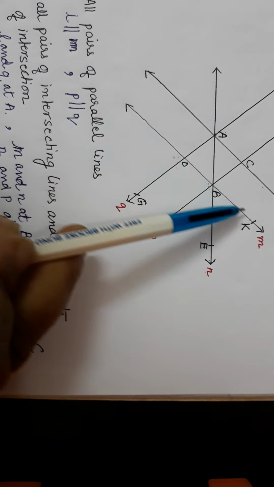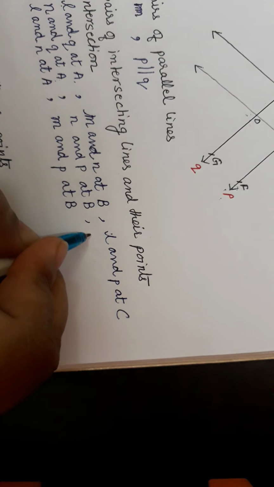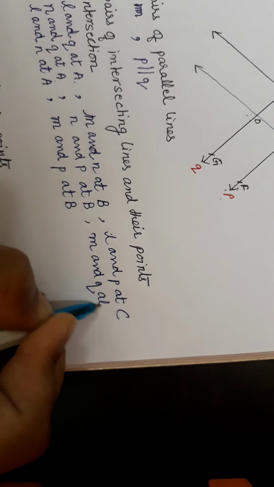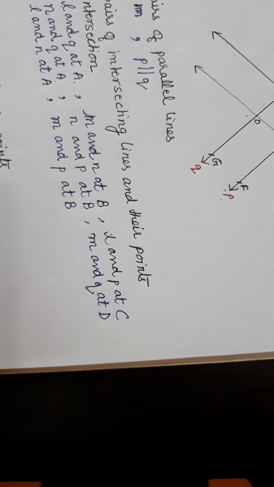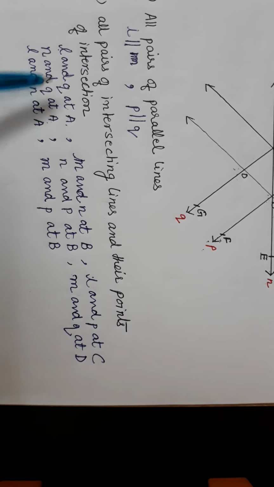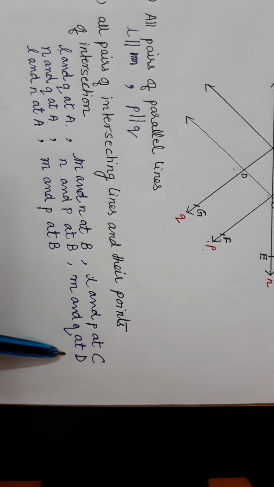This line is line M and this line is line Q. So what do I write here? Line M and Q at point D. So these are the lines which are intersecting at the various points.